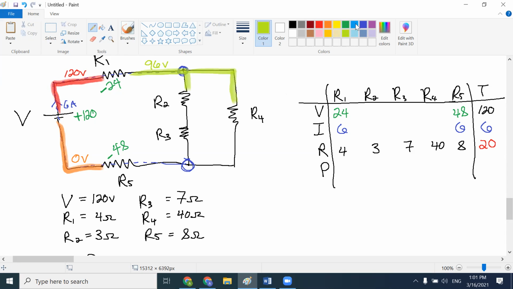I don't know. I don't know what's on this line. Okay. What about this line? Well, I do know whatever I have immediately after R4, it's the same thing I have immediately after R3. And it's the same thing I have immediately before R5. So it's got to be 48. 48 volts on one side, we burn 48, we're left with 0.